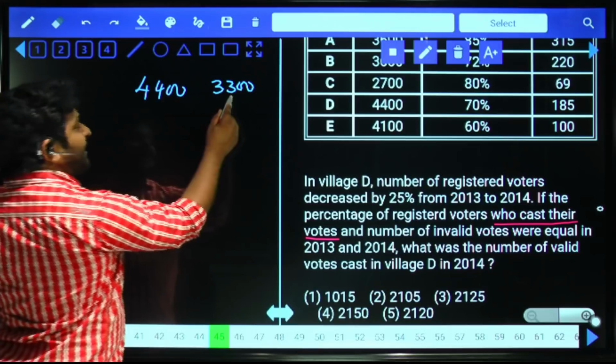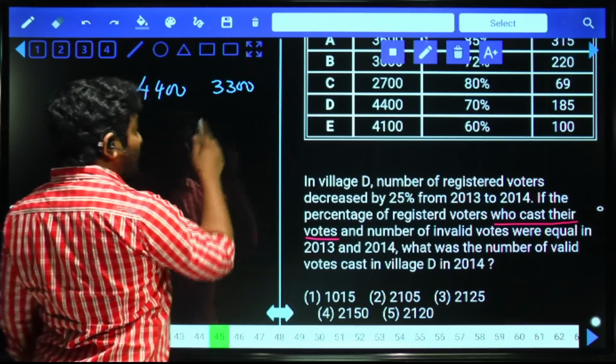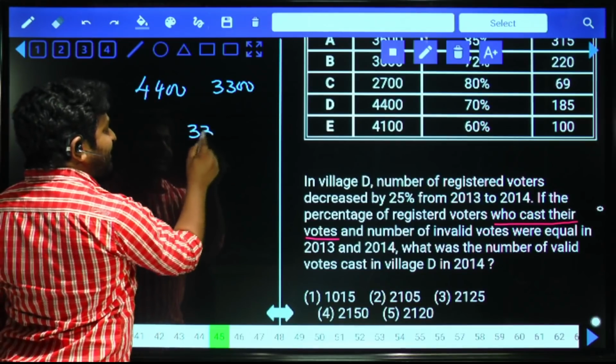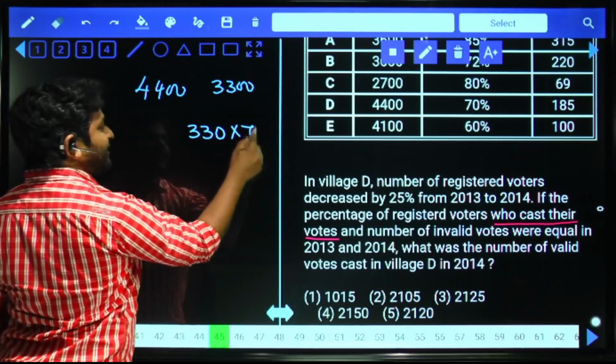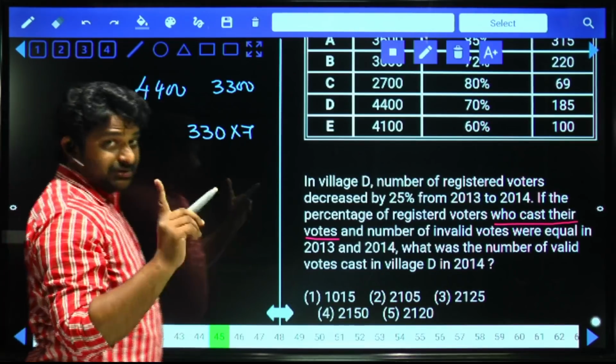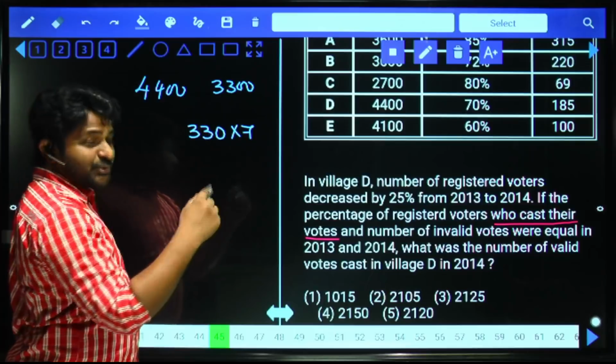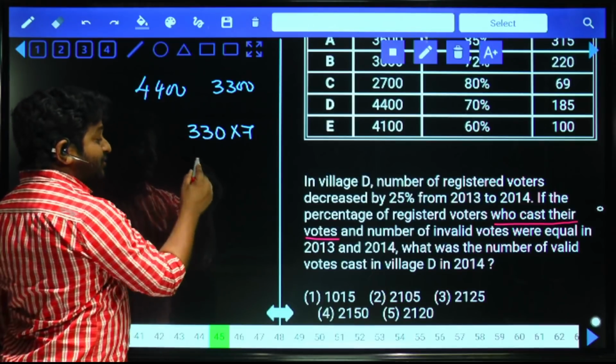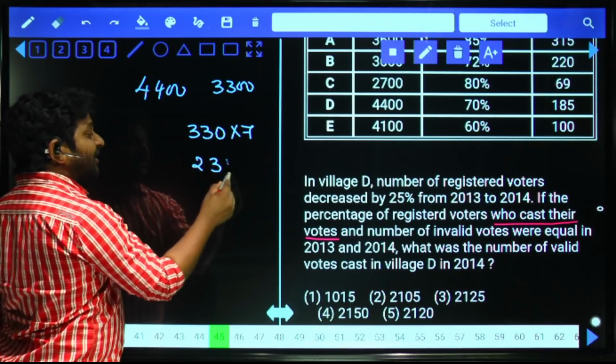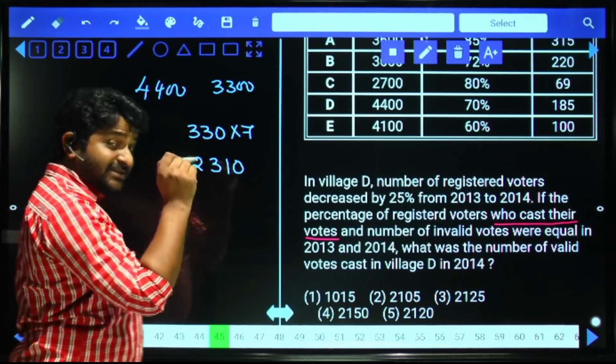Now, 70% we have to calculate. 10% is 330, 70% in the sense into 7. 7 times 300 is 2100, 7 times 30 is 210, 2100 plus 210, that is equal to 2310. This many people cast their vote.